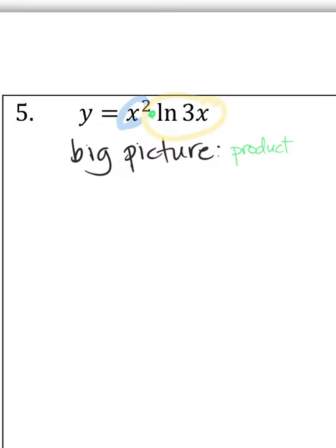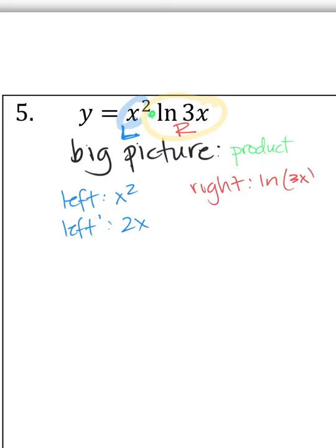If you recall, we're going to have a left and we are going to have a right. So we are going to need the left function, the x squared, and its derivative, 2x. And then we're going to have the right function, which is the natural log of 3x.